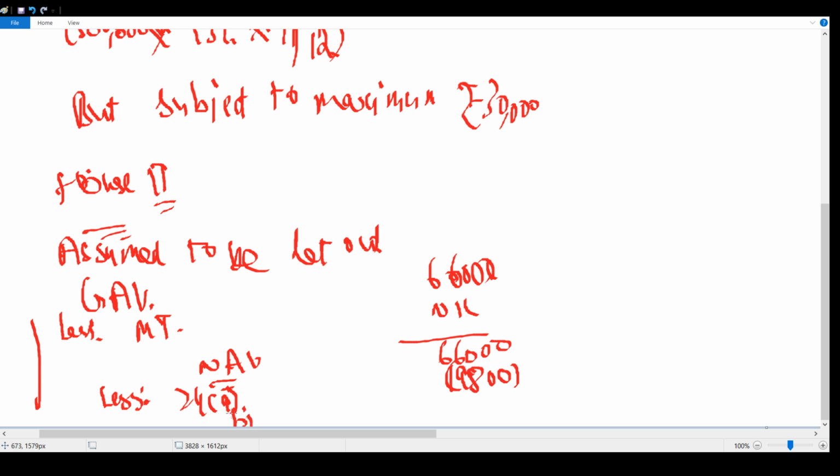There is no capital borrowed, so there would be no interest on capital borrowed under section 24 subsection B, nil. Amount 46,200.